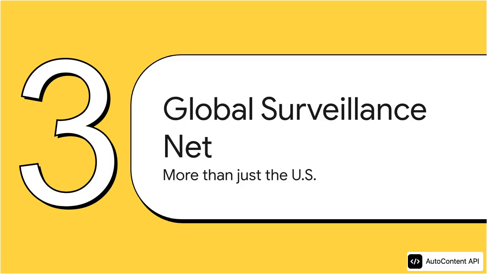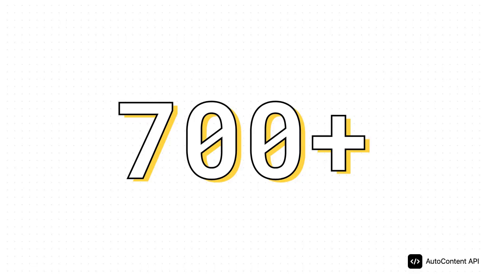And you might be thinking, this is all just an American operation, but nope, this thing is truly global. We're not talking about a piece of software on a computer in Maryland. X-Keyscore is a huge physical network. There are more than 700 servers spread out across 150 sites all over the world, sitting in U.S. embassies, military bases, consulates. They're all working to collect and process data right there on site, which gives them a massive advantage in speed.